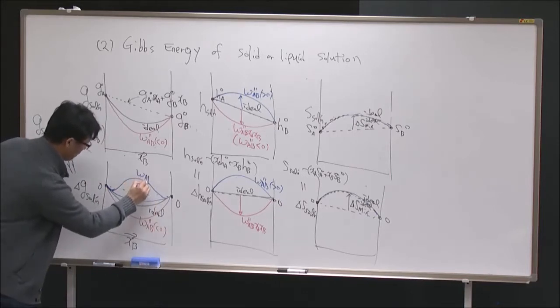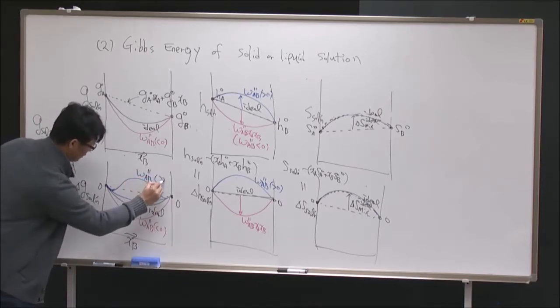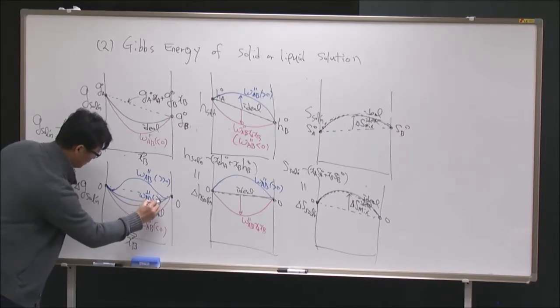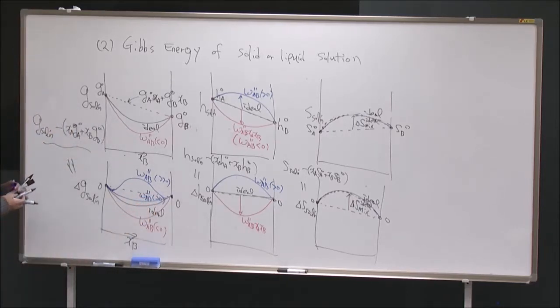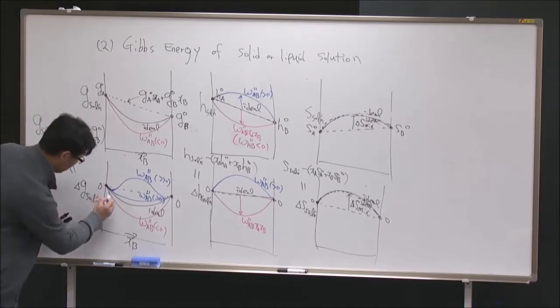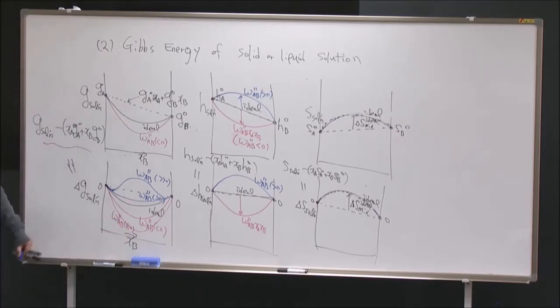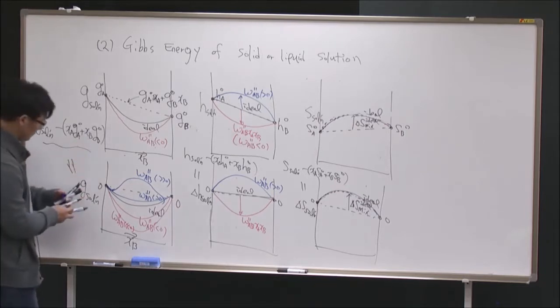So omega AB is very positive. Omega AB is positive. And then of course, when your omega AB is very negative, this one will be more negative here. Okay? Same here.